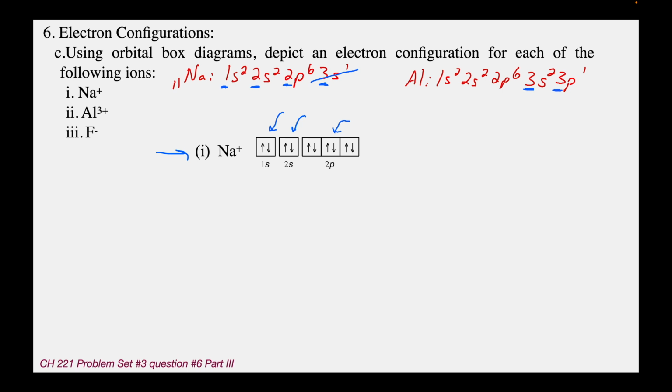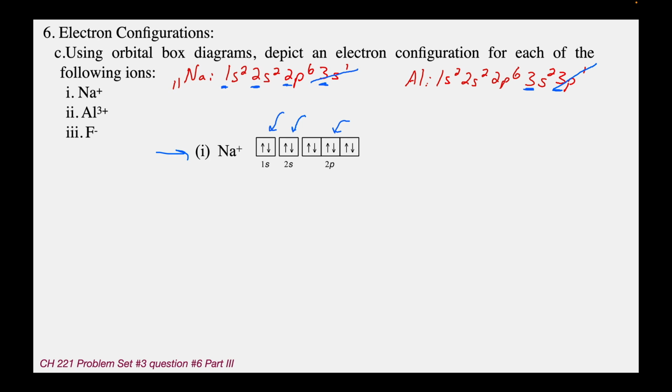So the official rule is you take away electrons from highest n first, and if there's a tie, highest n plus L. Punchline, what that means is that if you have a tie, the last ones in are the first ones out. So highest n plus L between 3s and 3p would be 3p. So the first electron is going to come out of 3p1.